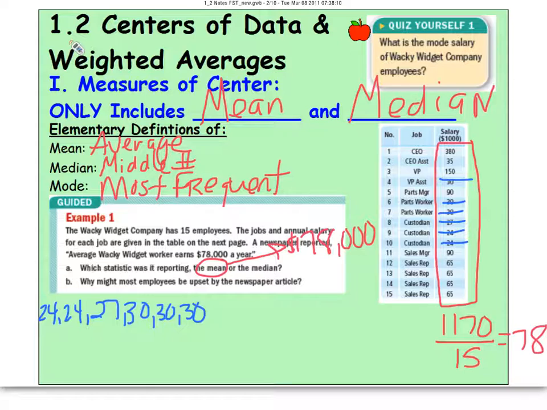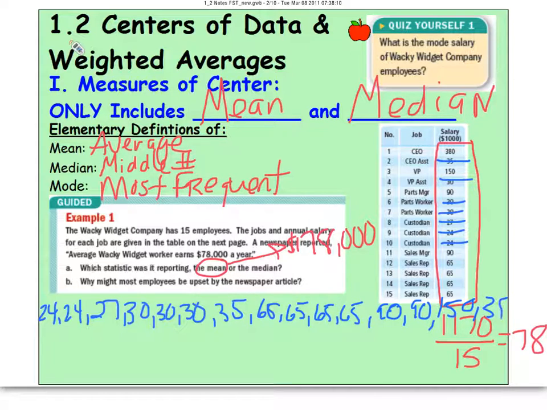Continuing on, we have a 35 next. Then we have four 65s. Do include all of them. And then we have two 90s, a 150, and a 380.